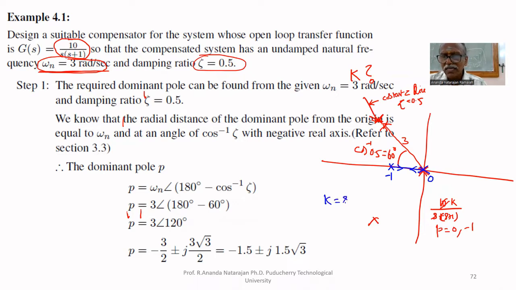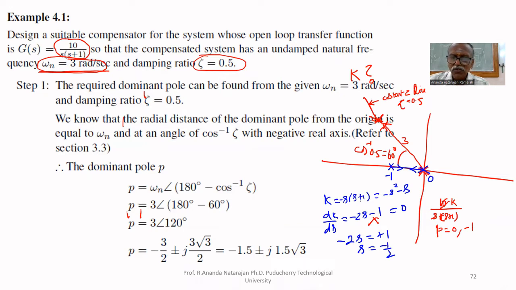K equals minus s times (s + 1). dk/ds equals minus s squared minus s, giving minus 2s minus 1 equal to 0, so s equals minus 1/2. Therefore, the breakaway point is at minus 1/2.